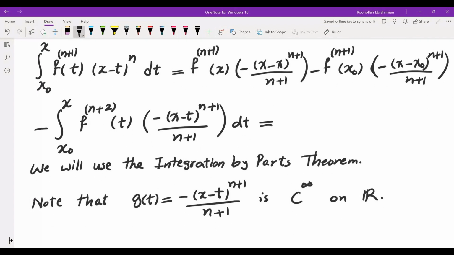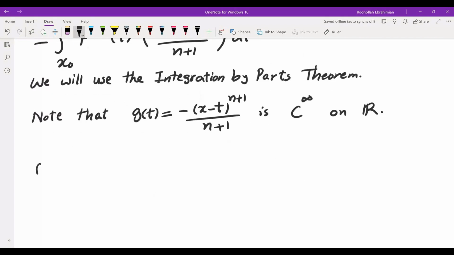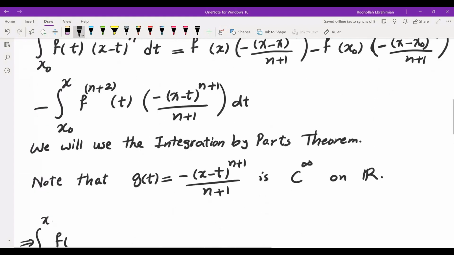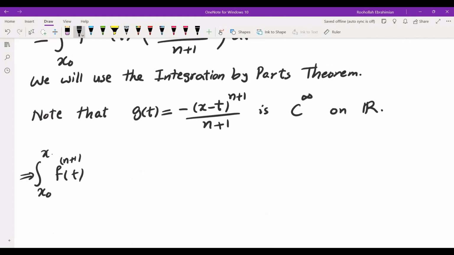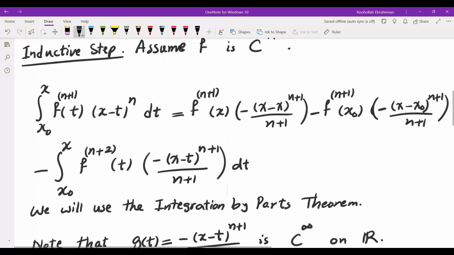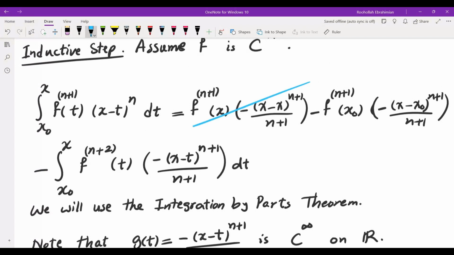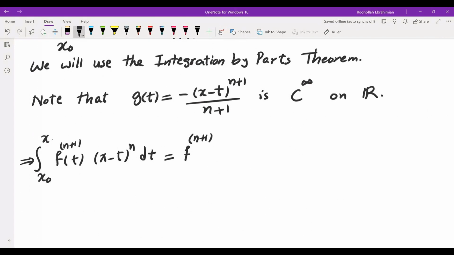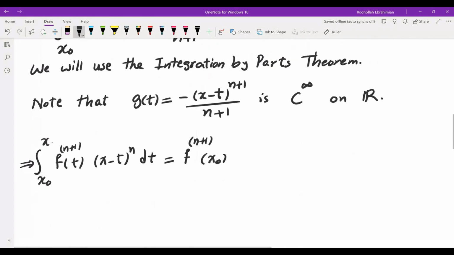Let me move the rest of it down here. The integral from x0 to x of f^(n+1)(t) times (x minus t) to the power of n dt is equal to the following. The first term is just going to be 0, because that's just x minus x, which is 0. The second term is f^(n+1) of x0 times (x minus x0) to the power of n plus 1, divided by n plus 1.